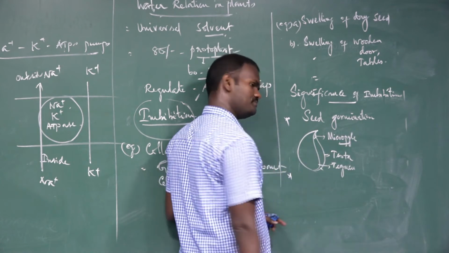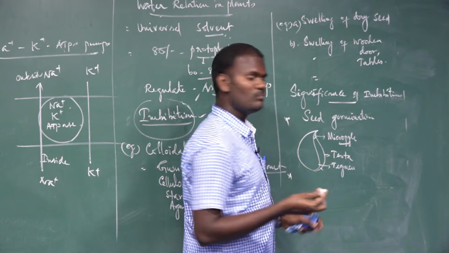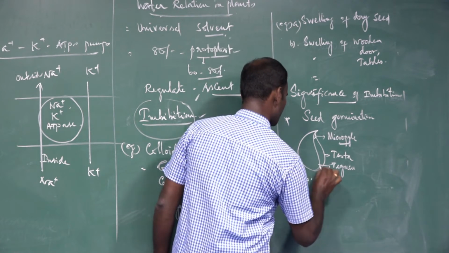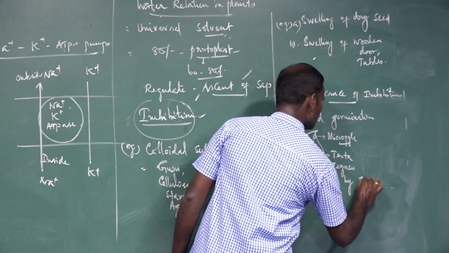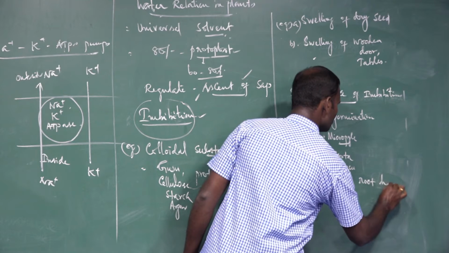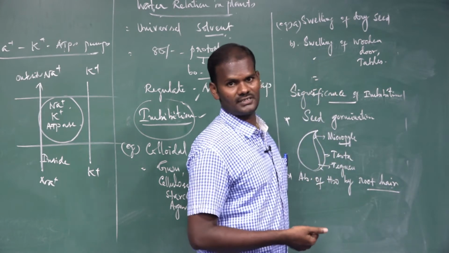Then another one is that imbibition helps in absorption of water by the root system, by roots or root hairs. Where is the source of water for the root? Soil is the source of water.